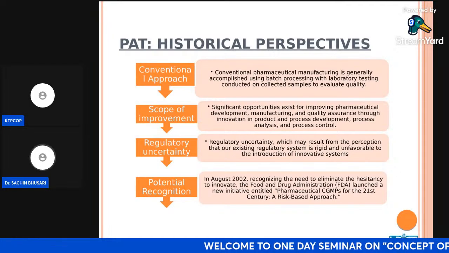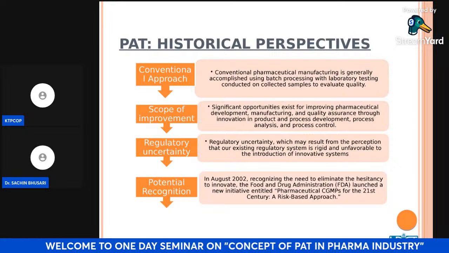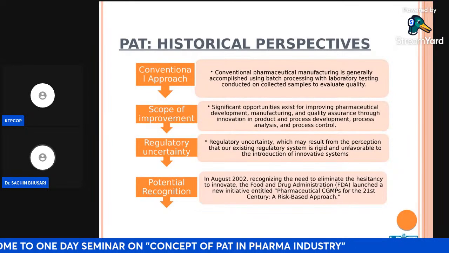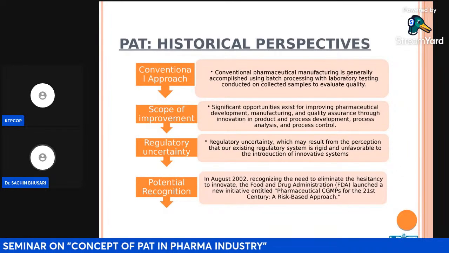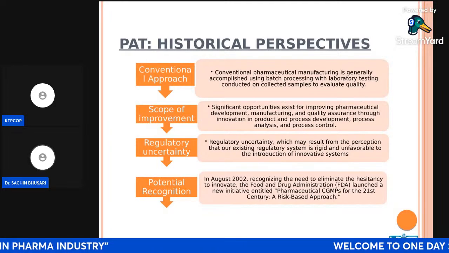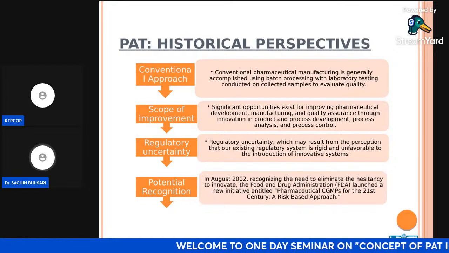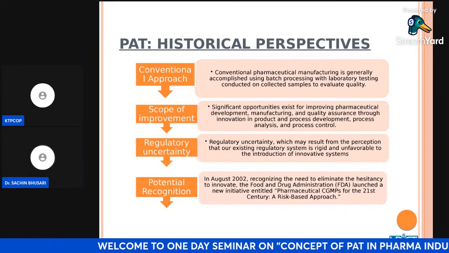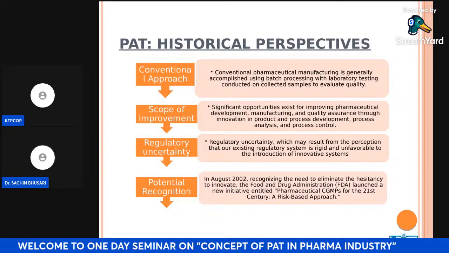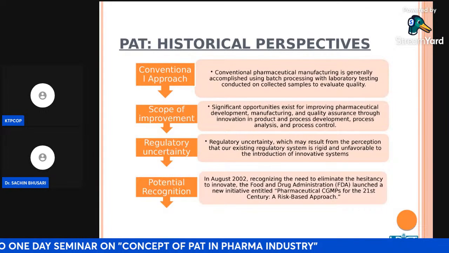For every authority, like the CDSCO or the USFDA, we don't have projections of what guidelines will come into picture and what has to be implemented immediately. So previously it was thought that we have to follow only the guidelines which are given. We have to stick to that guideline, and there is no alternative. We cannot change it, and that was the constraint from the regulatory point of view.